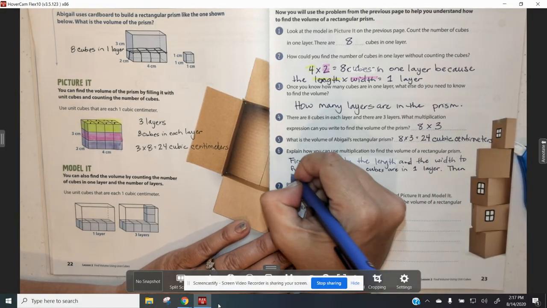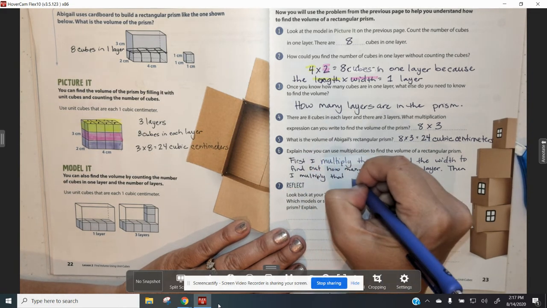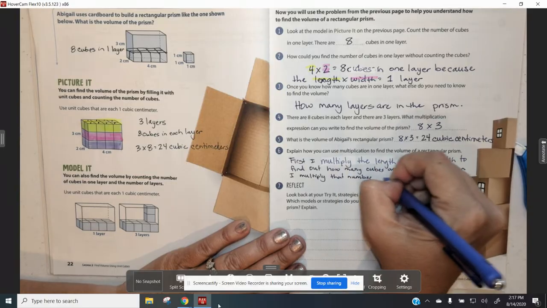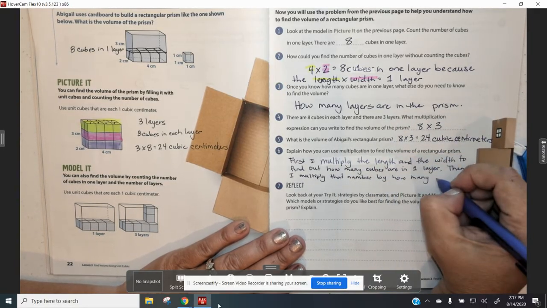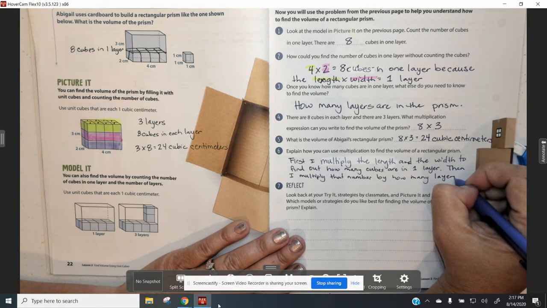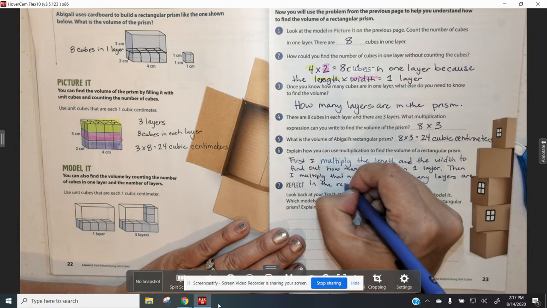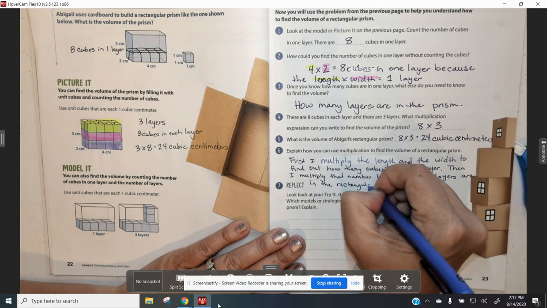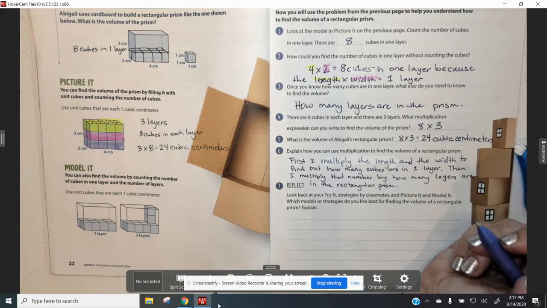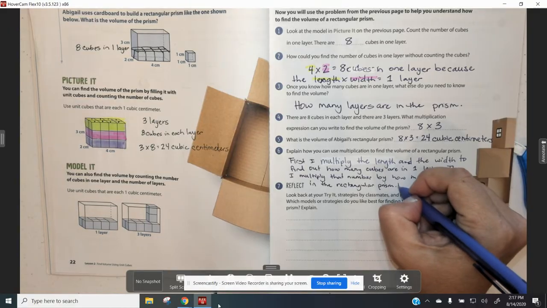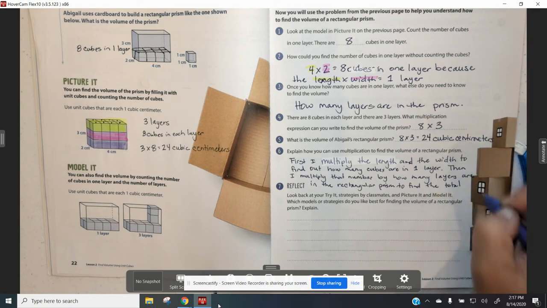Then I multiply that number by how many layers are in the rectangular prism to find the total volume.